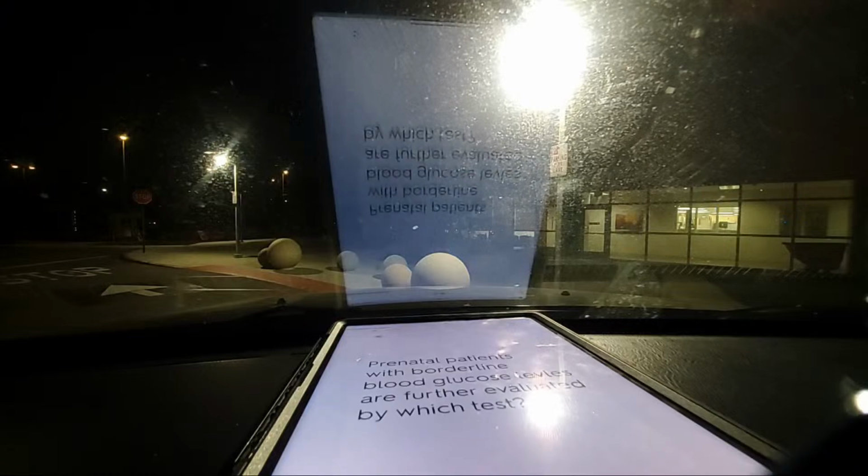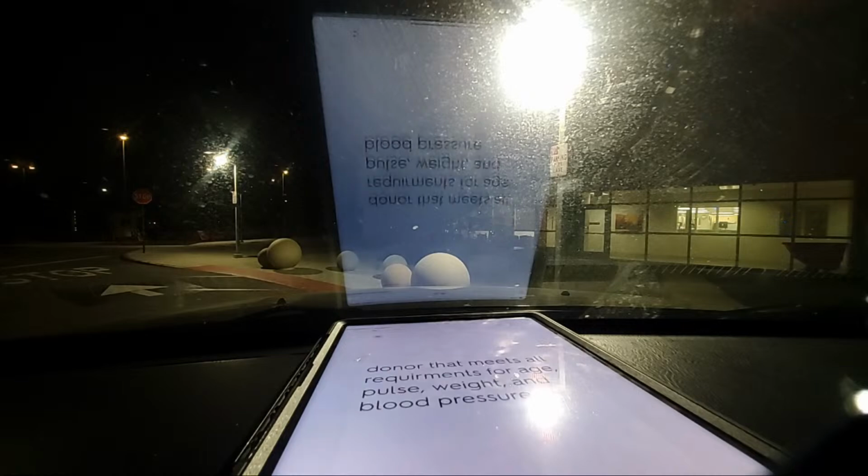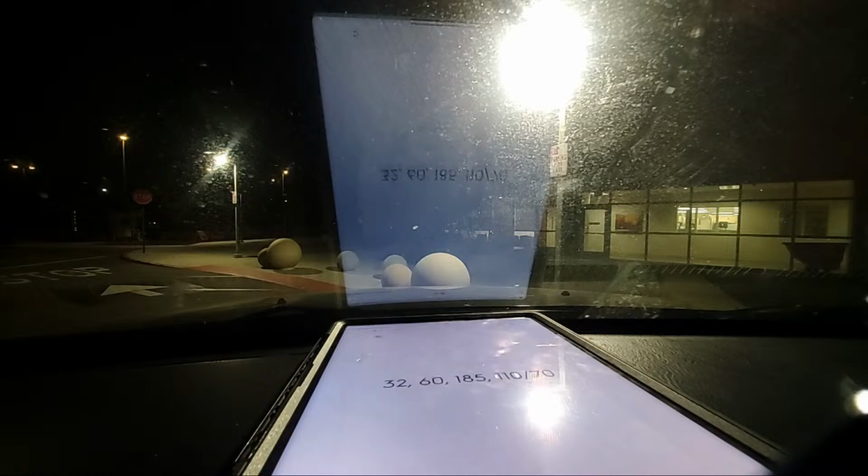Prenatal patients with borderline blood glucose levels are further evaluated by which test? 3-hour glucose tolerance test. Donor that meets all requirements for age, pulse, weight, and blood pressure. 32, 60, 185, 110/70.